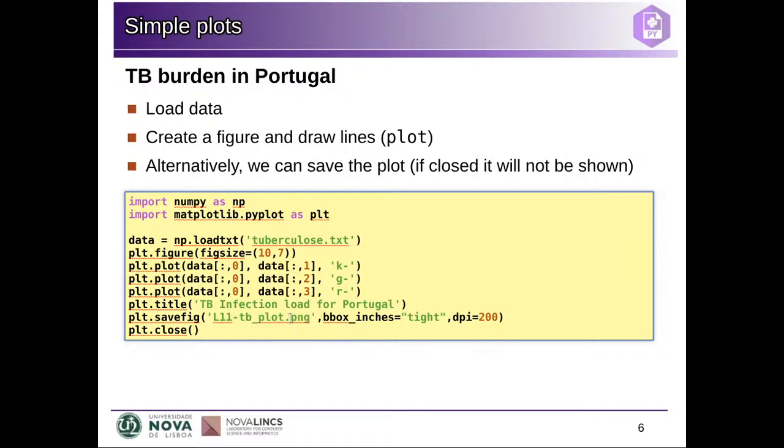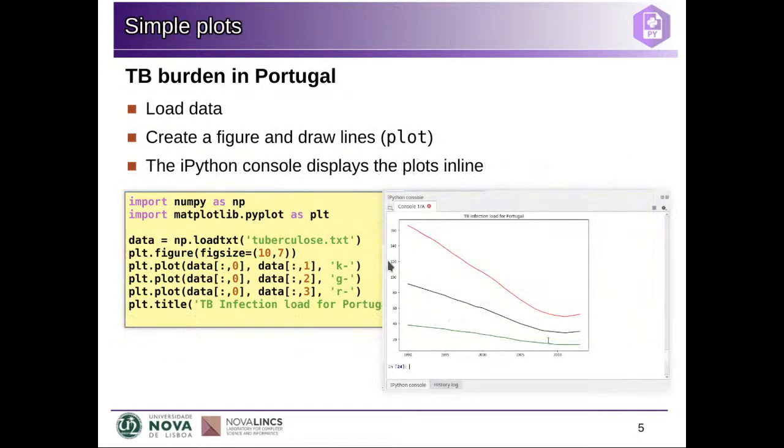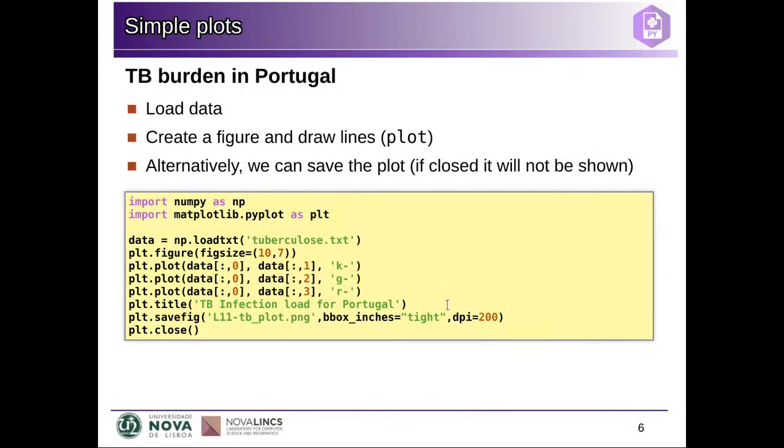So in this case, this is a PNG graphic format. And there are additional options. I usually set this bounding box to tight. This is the frame that you have around the plot. So if you set it to tight, it's going to be as small as possible, and it makes it easier to include the image in documentation and so forth.